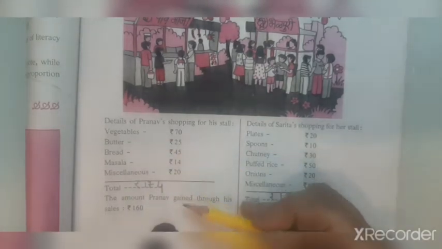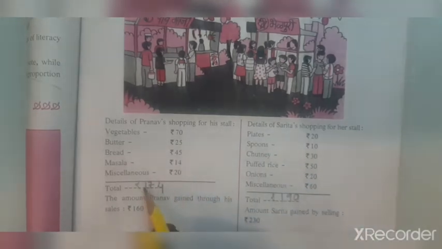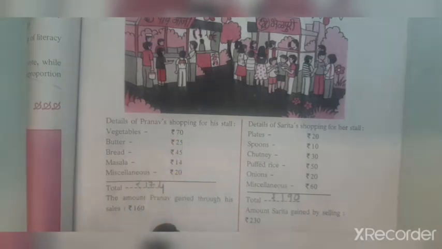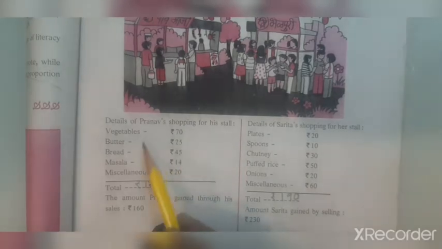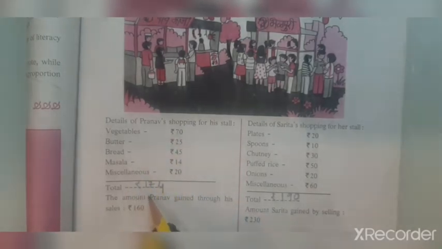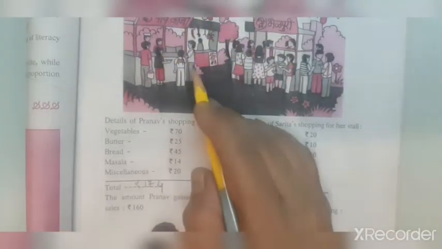Now, whatever he had brought, the total is done, and I have written here total 174. So when Pranav went shopping, he had to spend 174 rupees, to buy all this so that he could make pav bhaji and sell.